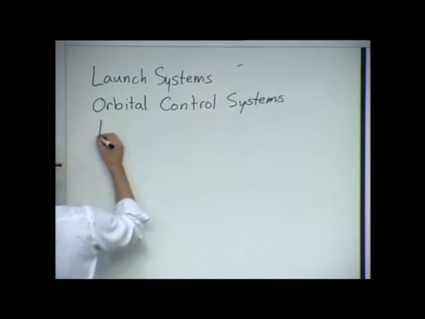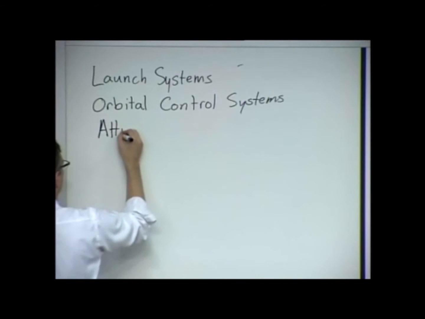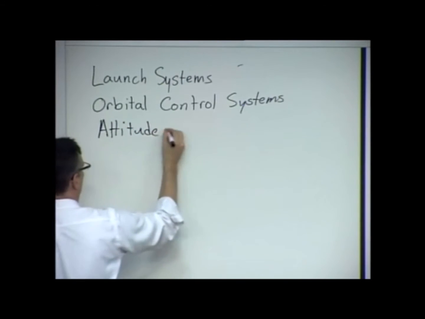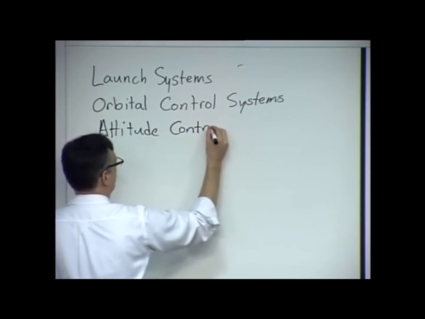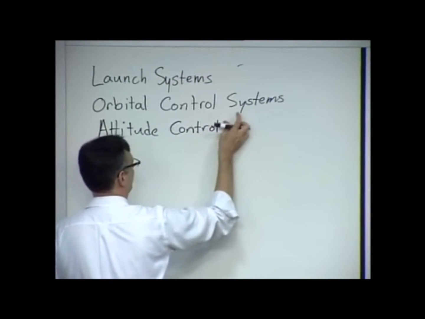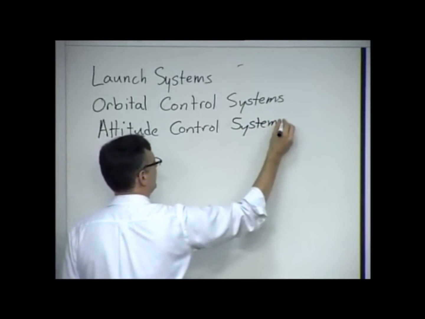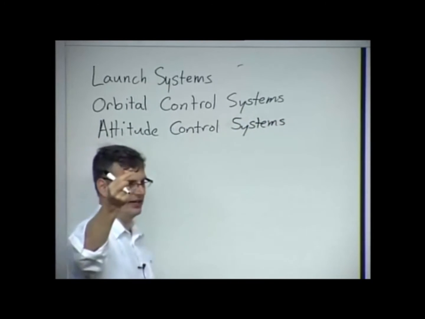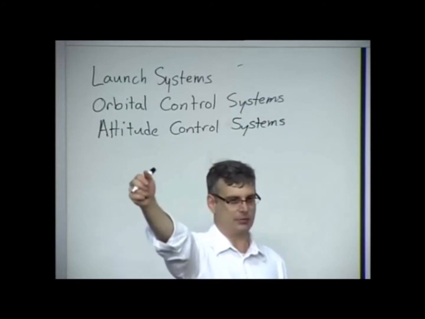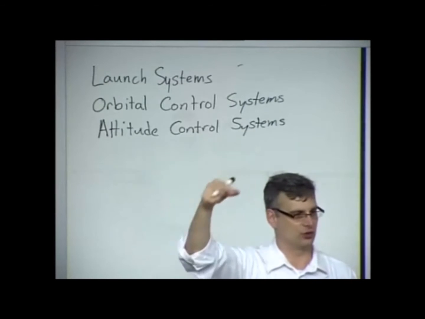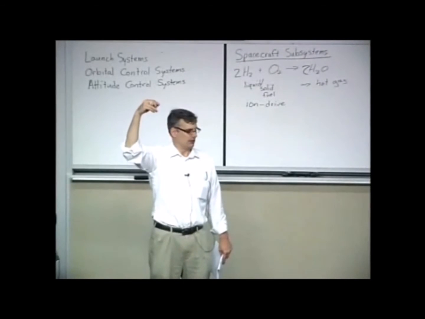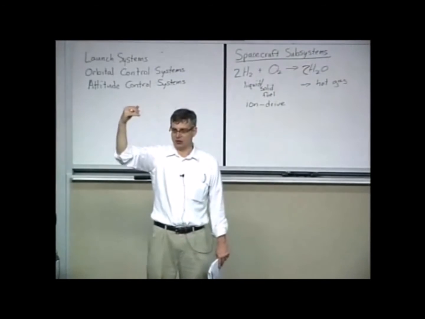And then there's also attitude control systems, which also has to do with positions, but it's a different ball of wax. So you can imagine I've launched a satellite. It's in stable orbit. I can fire my little thrusters to weakly adjust it and keep it in the orbit that I desire.